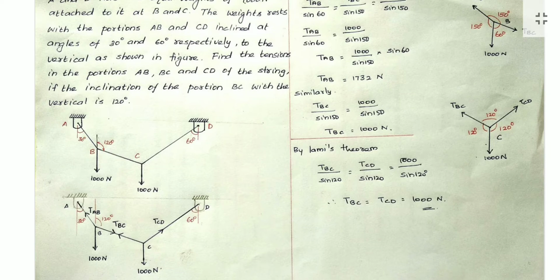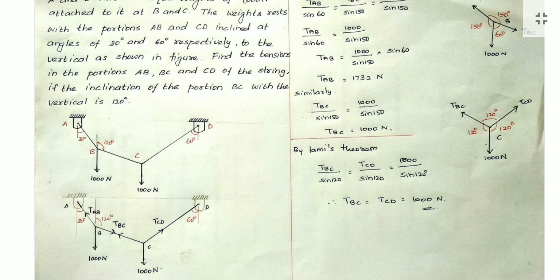Tension will act in the opposite direction. So at the point B, we have 1000 Newton force towards down, and towards the up direction TAB, the tension in the AB. When the weight is acting downwards, the rope will create a tension in the opposite direction.